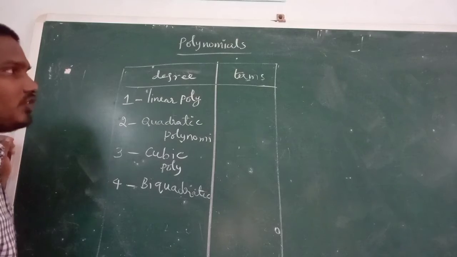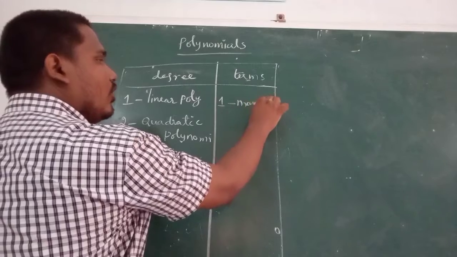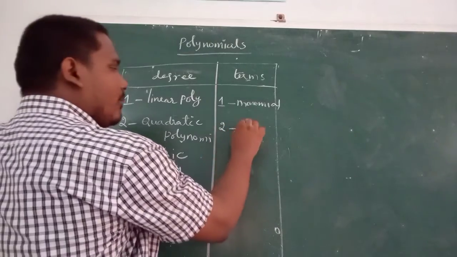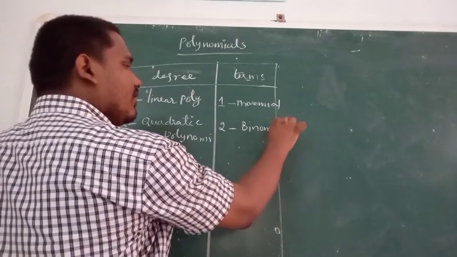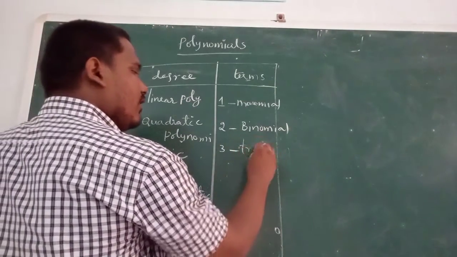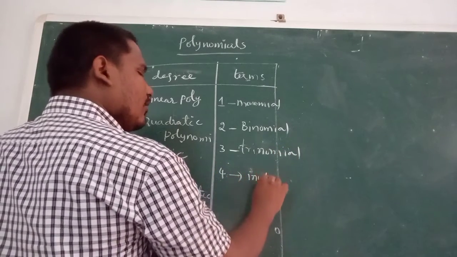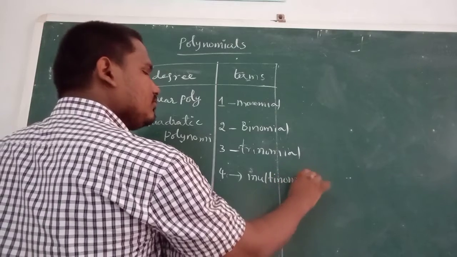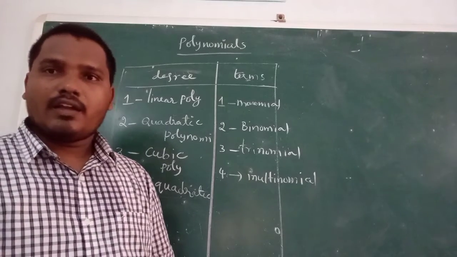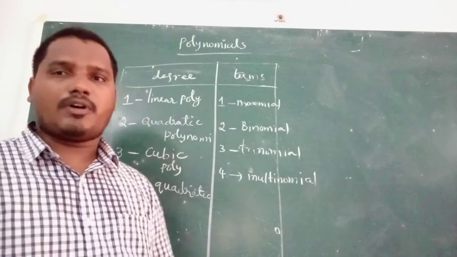According to the number of terms, if there is one term, it is a monomial, and if the number of terms is 2, then it is called a binomial. If the number of terms is 3, then it is called a trinomial. If there are more than 3, it is called a multinomial. Every polynomial is a multinomial, but every multinomial need not be a polynomial.